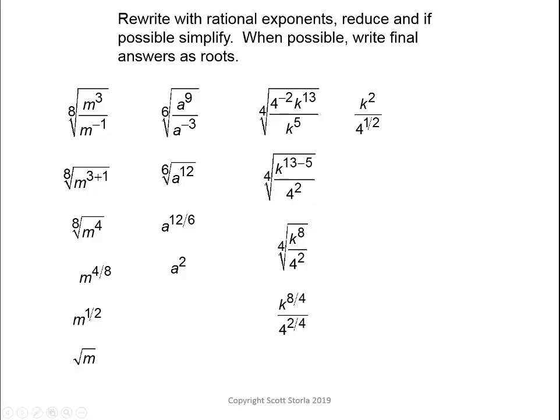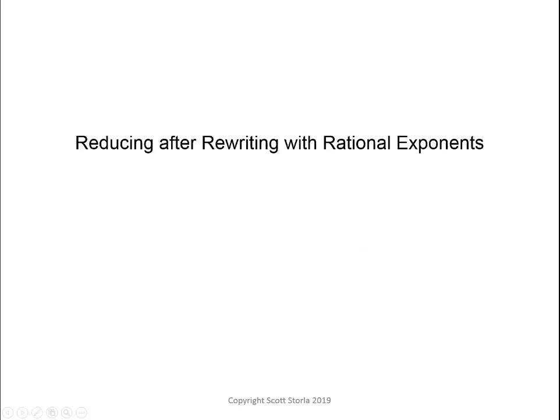And in the denominator, 4 with an exponent of a half can be written as square root of 4, and that simplifies to 2. Well, that will conclude this video where we've practiced reducing after rewriting with rational exponents.